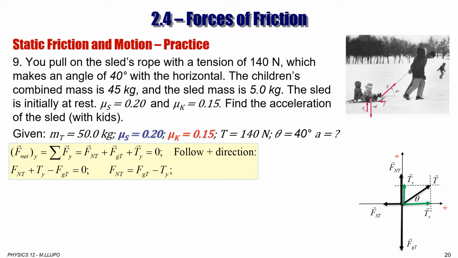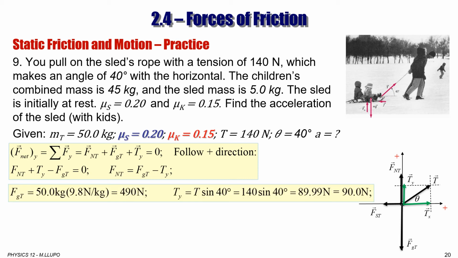We follow the positive direction, and then Fn total is positive, the y component of tension is positive, and Fg total is negative. We solve for Fn is equal to Fg total minus Ty. We actually solve those two components.